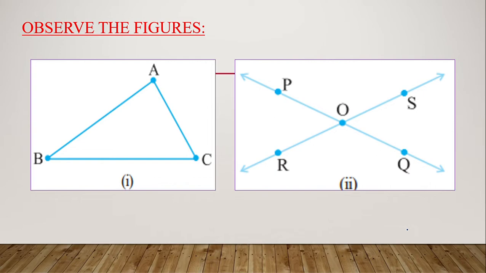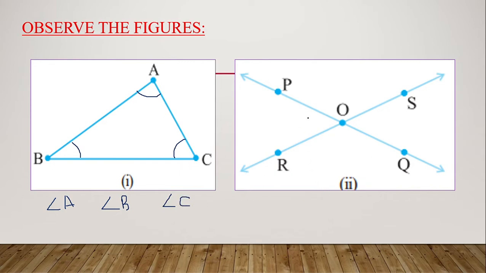We can see the three angles, 1, 2 and 3, and we can also write them down. This is the notation for an angle: angle A, angle B and angle C. So these are the three angles in figure 1.